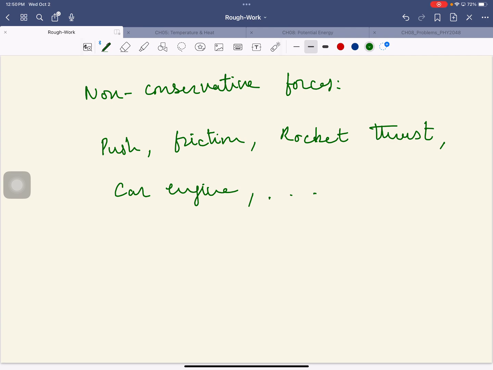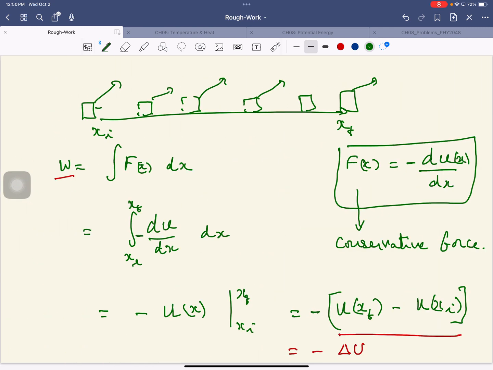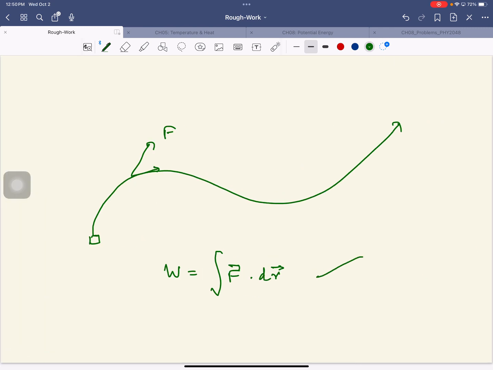And if you want to calculate the work for these non-conservative forces, you actually end up having to do this line integral. So in most cases, calculating the work done is not easy. If you want to calculate the work done by the Falcon 9 in going from point A to B, getting from launch pad to the orbit, that's not easy to calculate.